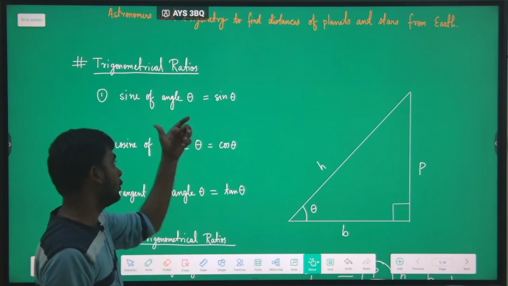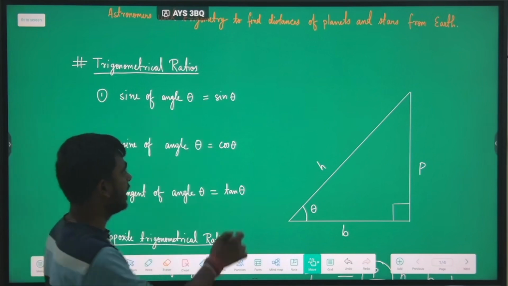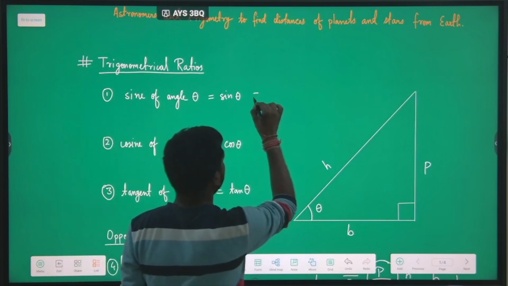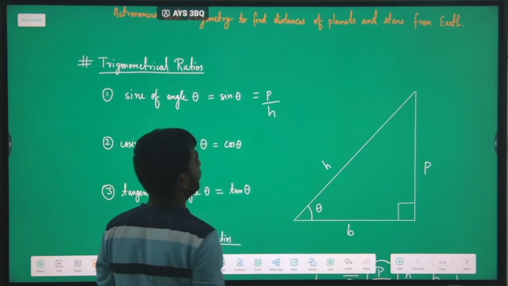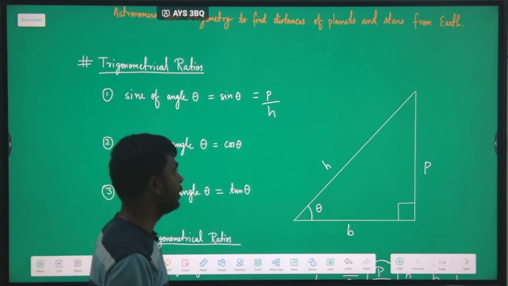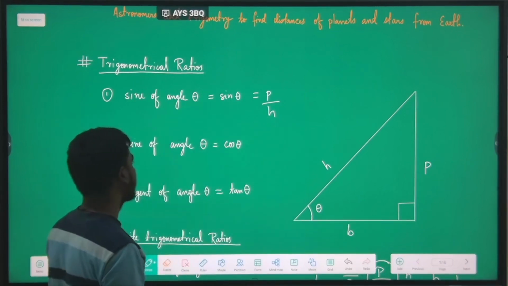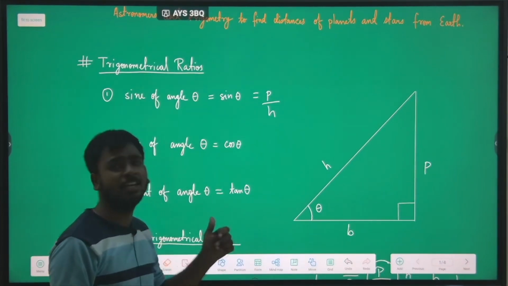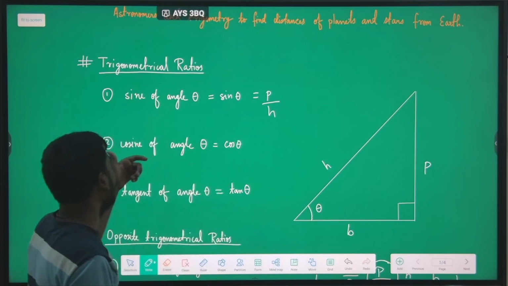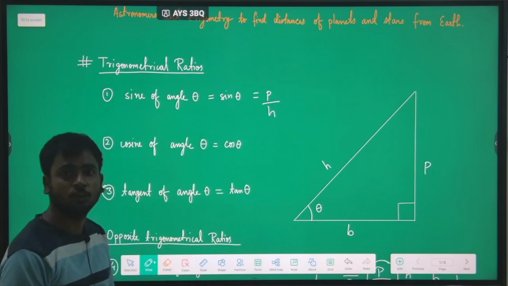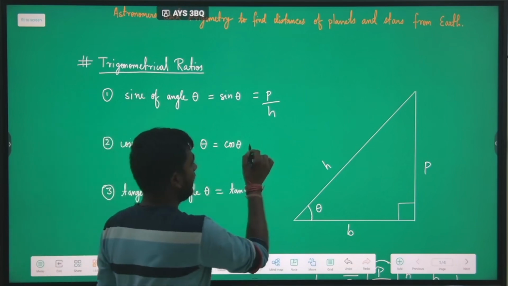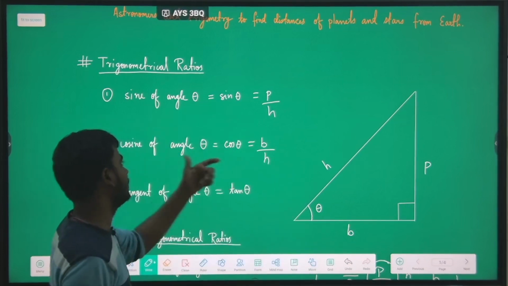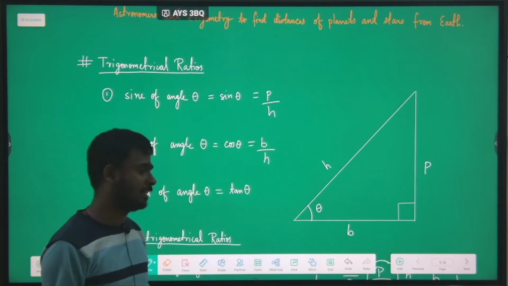So we can say that sine theta is actually perpendicular upon hypotenuse. Similarly, the second ratio, B upon H, was said to be cosine of angle theta. This B by H was referred to as cosine of angle theta.